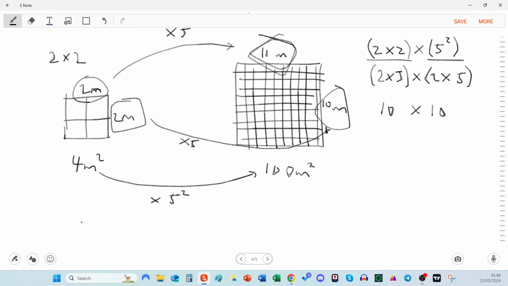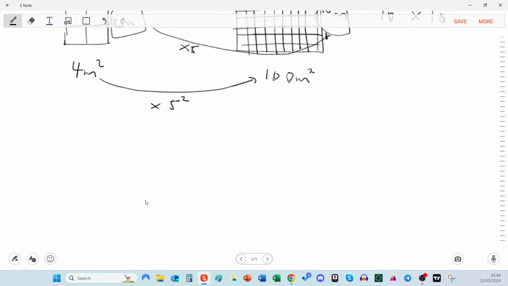And the same thing is true if we're talking about volume. But you probably guessed it. Let's say it was 3 meters cubed. How the volume scales up, if you're keeping the same scale factor, would be 5 cubed, because you've got to multiply each dimension.